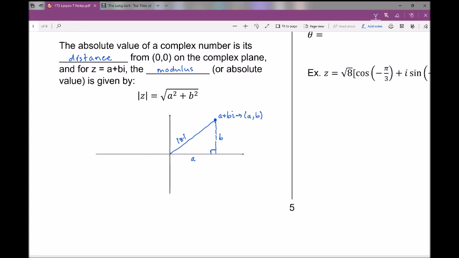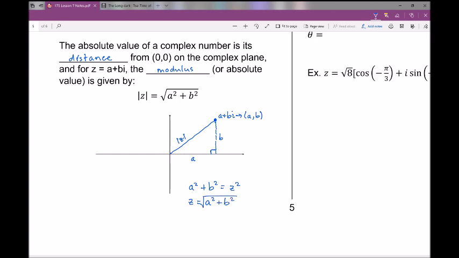So how would you find the hypotenuse of that triangle? Well, since it's a right triangle, and we made it that way, we can just use Pythagorean theorem. So we know that a squared plus b squared should give us z squared. And if we wanted to solve for z, we could just square root the whole thing. So we get that z is equal to the square root of a squared plus b squared. All right?